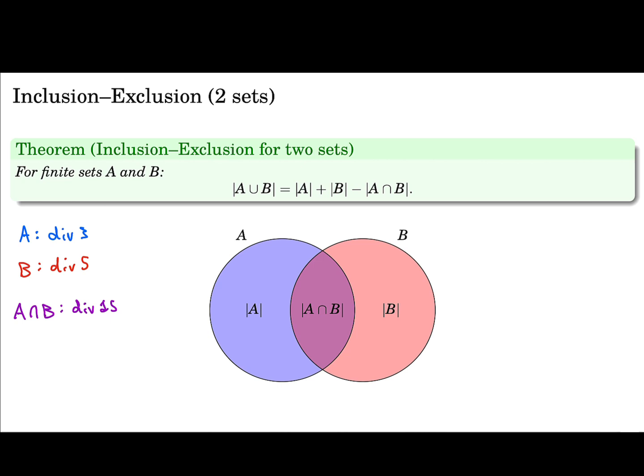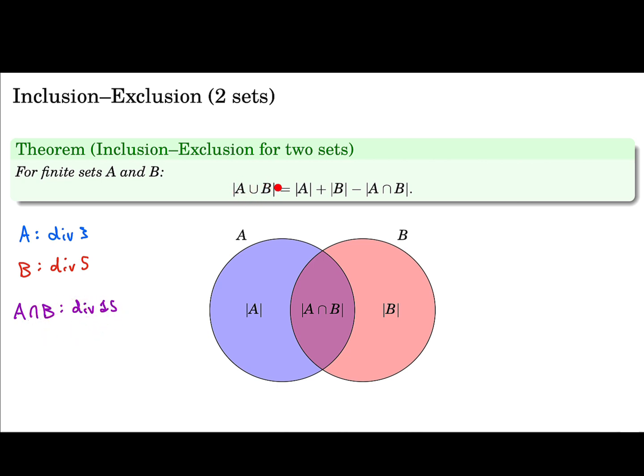But the important point is that when you are counting the union of A and B, so when you're counting which of them are divisible by 3 or 5, you are double counting the intersection.